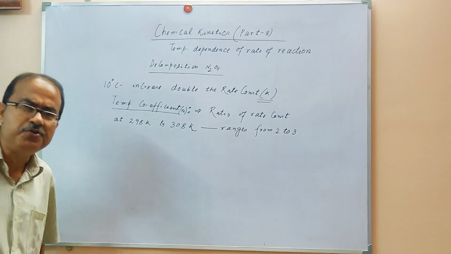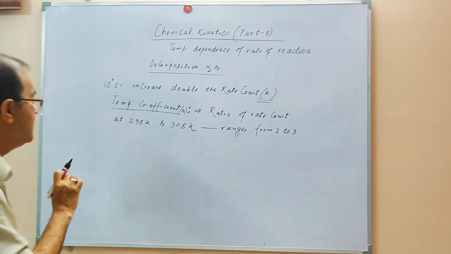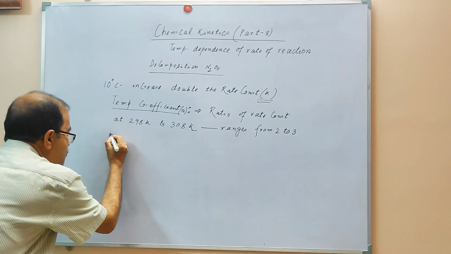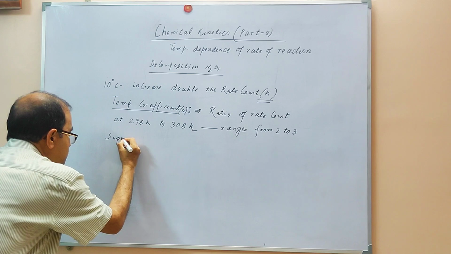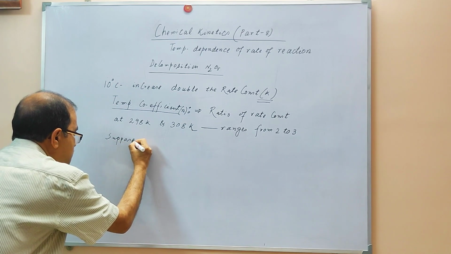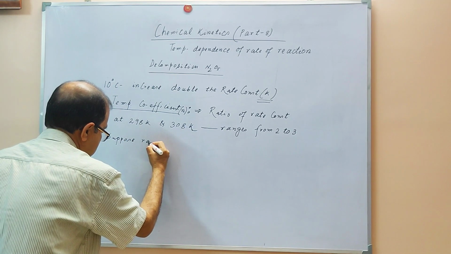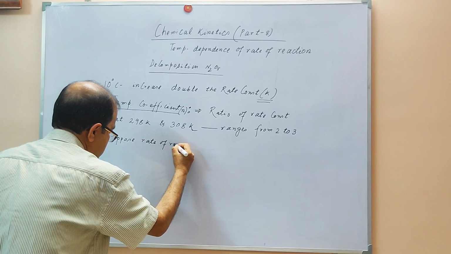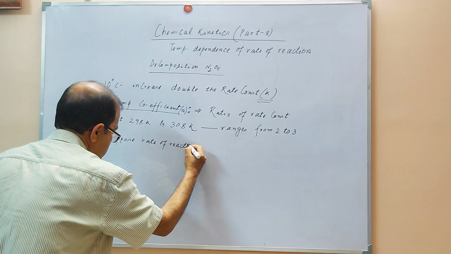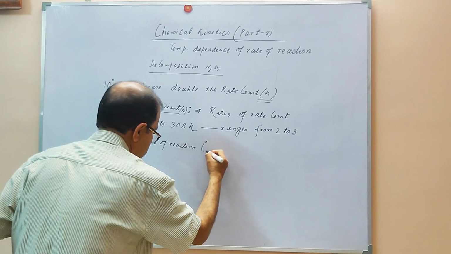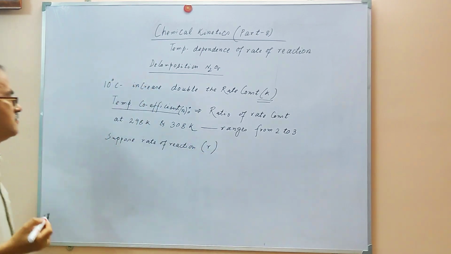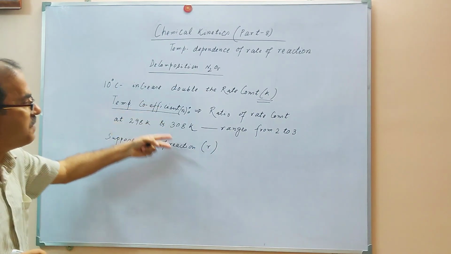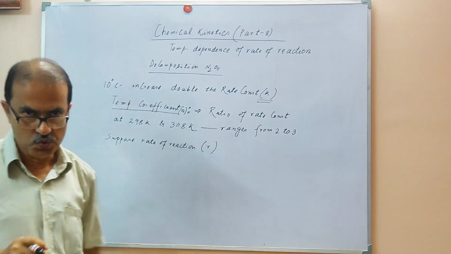Suppose the temperature coefficient of a reaction is 2. Then what do we say? Suppose the rate of reaction at 300 Kelvin is R, and the temperature coefficient is 2.